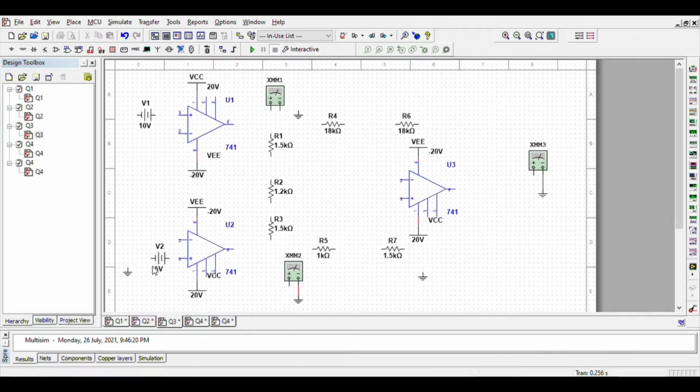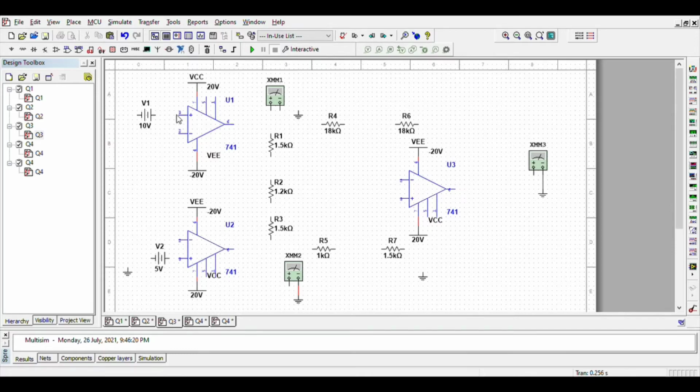For question 3, same as before, I have already laid out all the necessary components. I also changed all the component values, same as the question, and arranged the components in response to the questions.